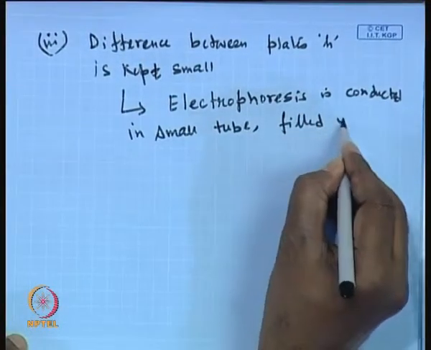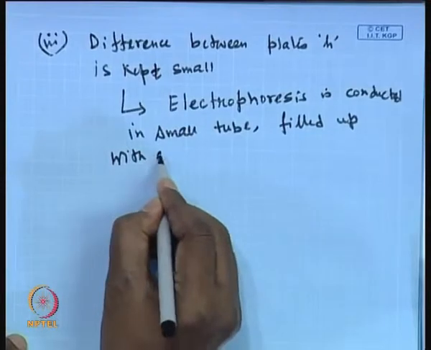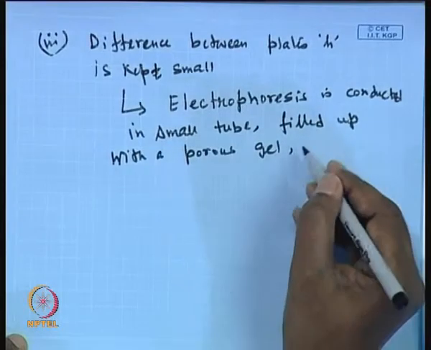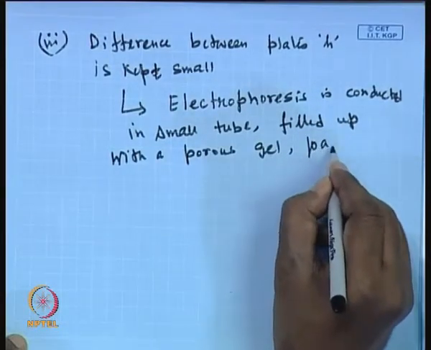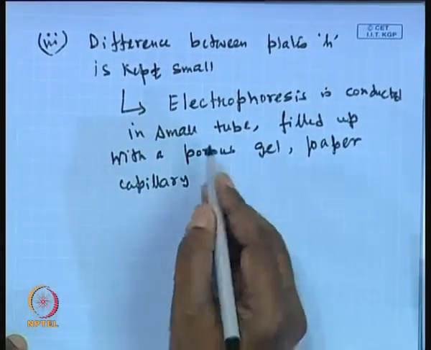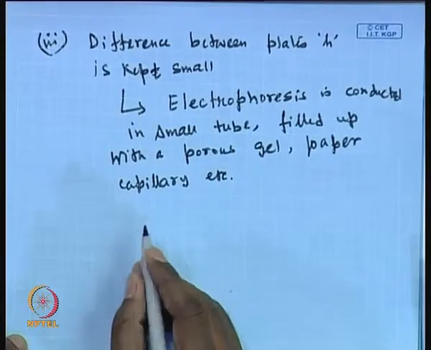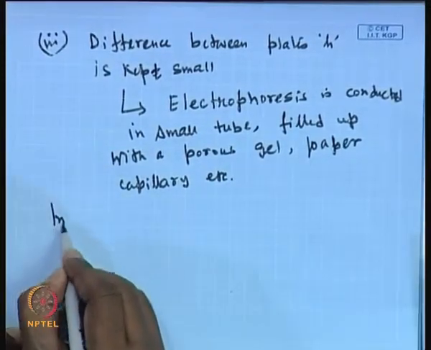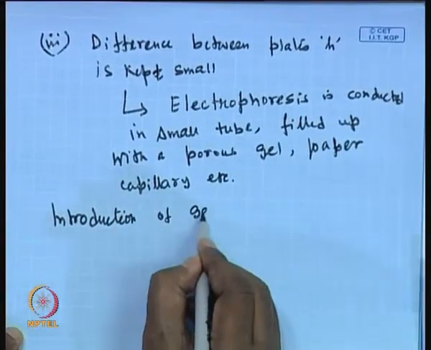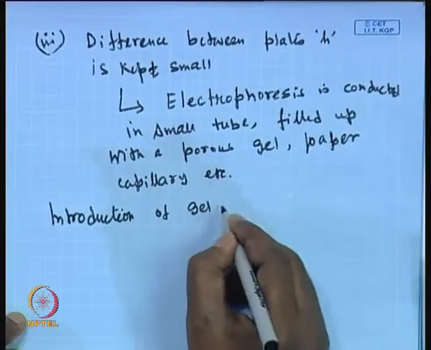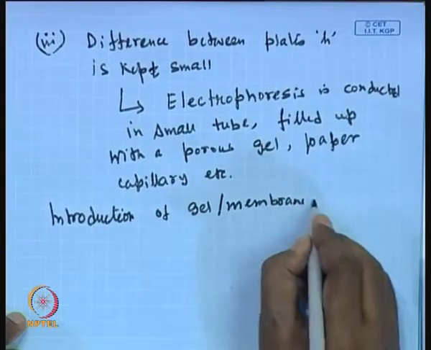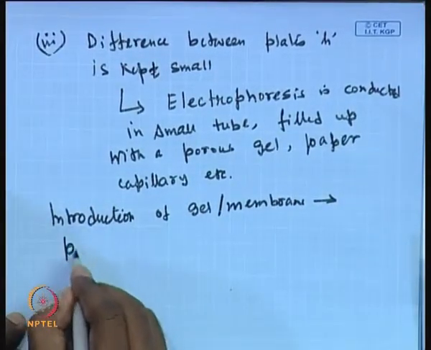Filled up with a porous gel, or sometimes we call it paper capillary tube, that means it is very small diameter, etc. Now, introduction of gel or membrane, what it does? It prevents convection.